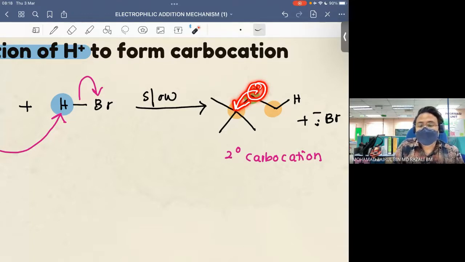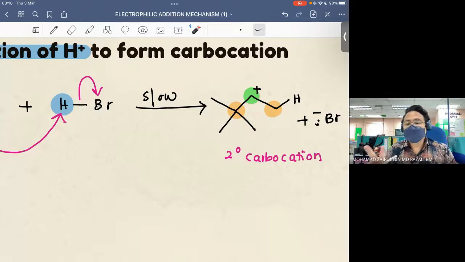Dan in order to produce the tertiary carbocation, I need to move one of the methyl group tu. So, ingat, kalau kita nak rearrange methyl group, kita kena buat 1,2 methyl shift. Okay, so 1,2 methyl shift.